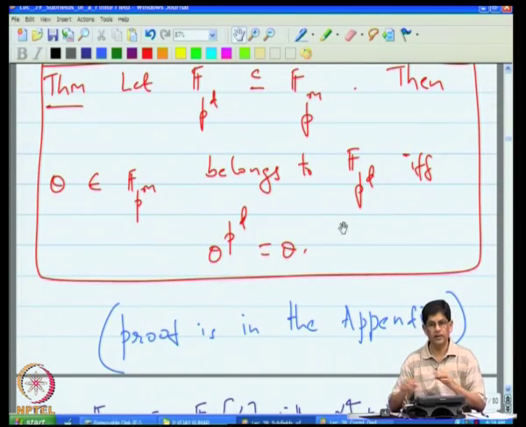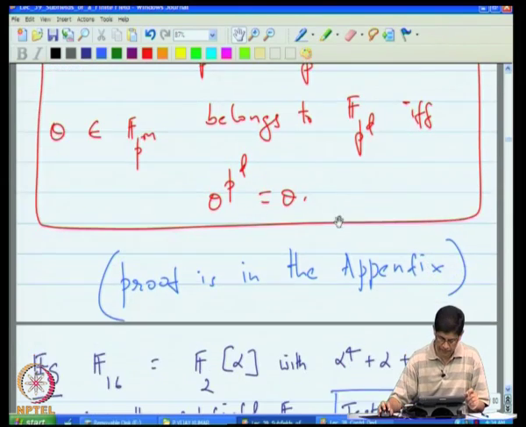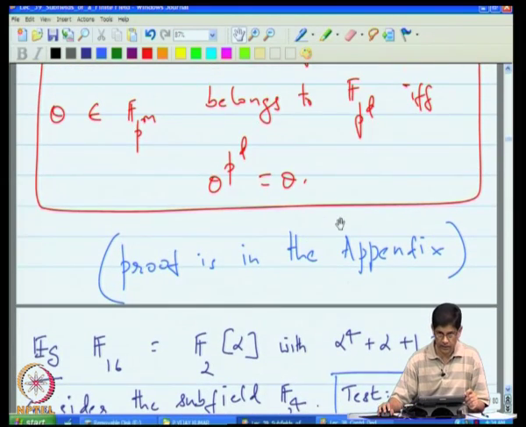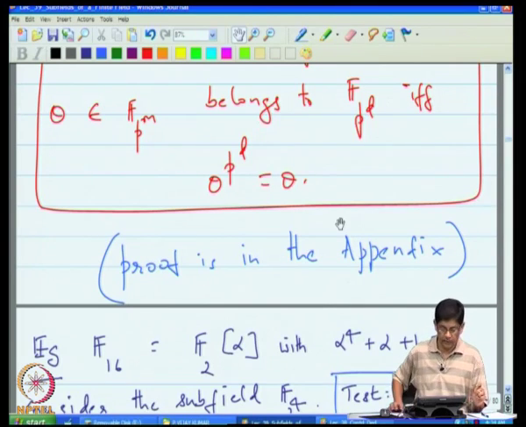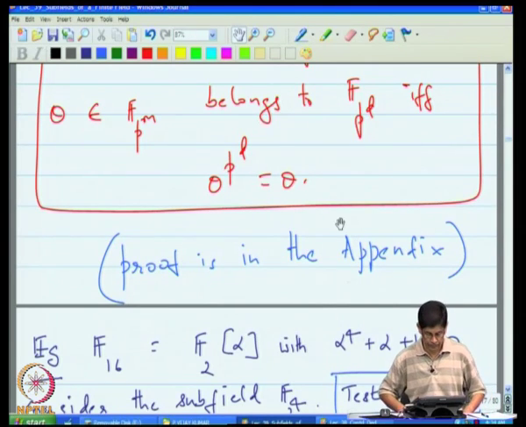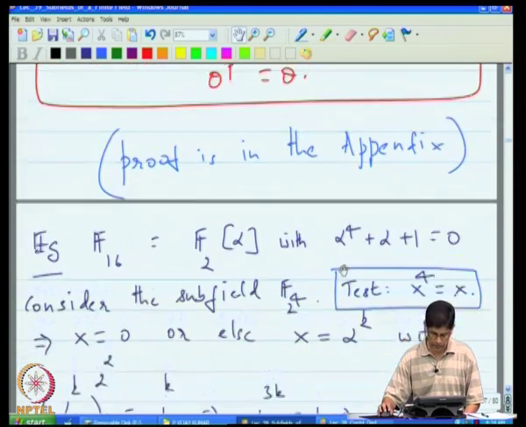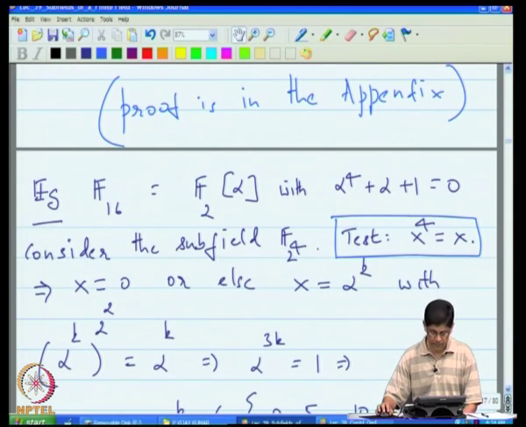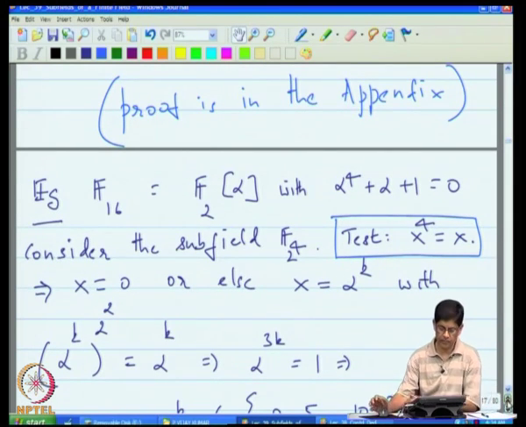The proof once again is written out completely in the appendix. What will perhaps help more is if I give you an example.